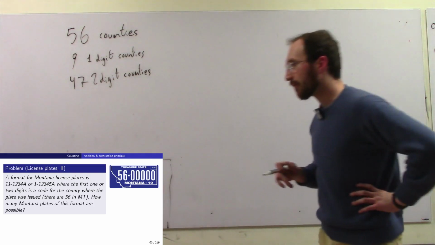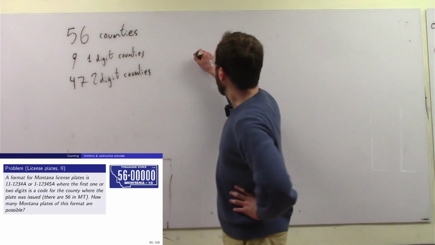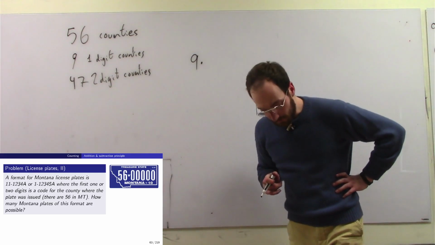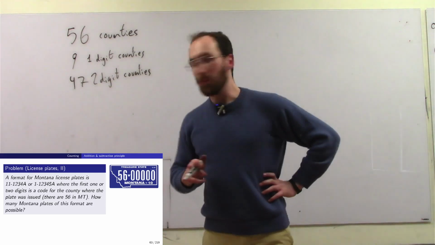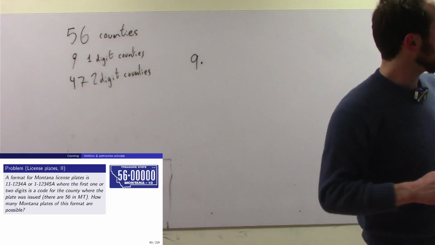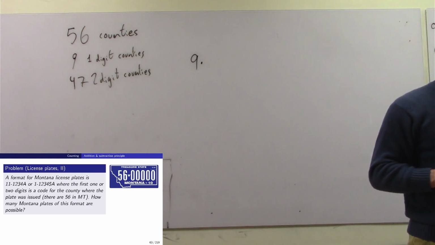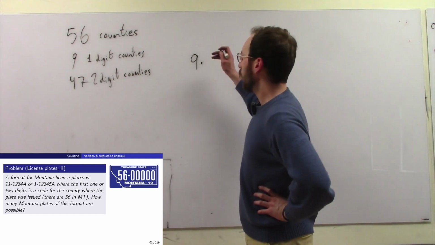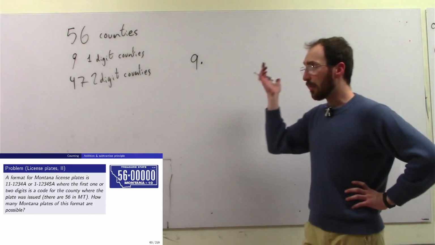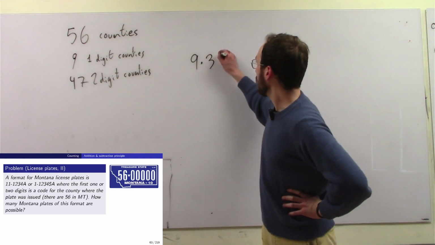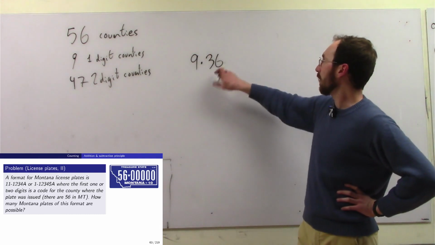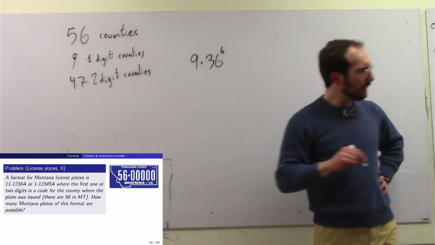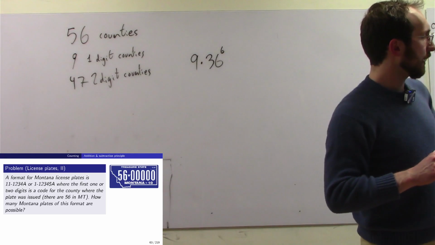Okay. Now, if we're in the 1-digit case, there are 9 choices for our first character, and then we have 6 more characters, and for each of those, we can do a letter or a number. So we have 36 choices for each of those, and there are 6 different characters there.